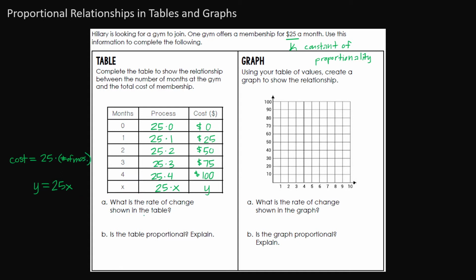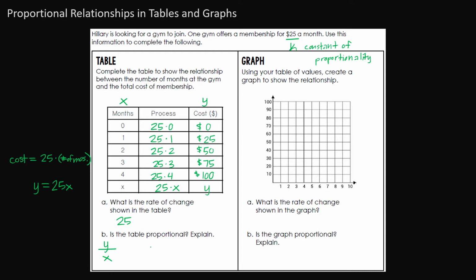So the rate of change shown in the table would be $25 per month. And is the table proportional? Well, if you take the cost, y, divided by the number of months, x, where x is months and y is cost, let's say 100 divided by 4 would be 25. 75 divided by 3, 25. 50 divided by 2, 25. 25 divided by 1 is 25. 0 divided by 0 is 0.